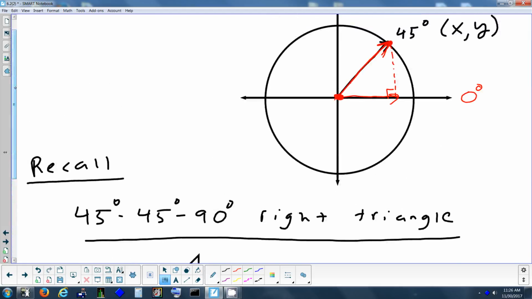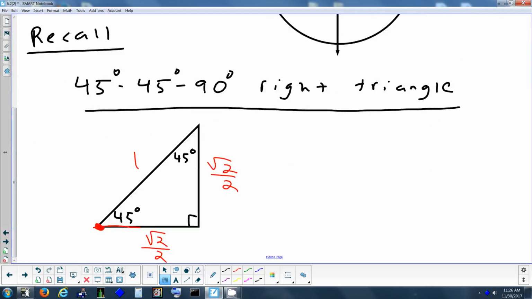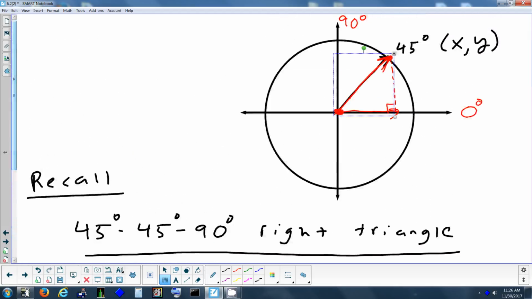So, in order to go from the origin to 45 degrees, first you travel to the right. And how much do you travel to the right? Well, the length of the base of the triangle, which is how much? So we're going to travel to the right square root of 2 over 2.